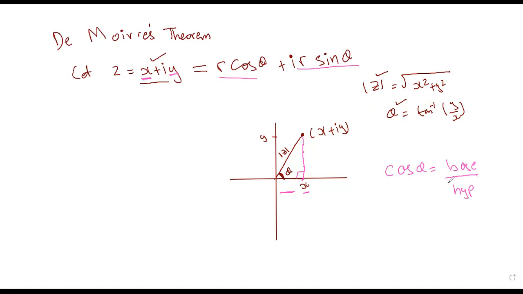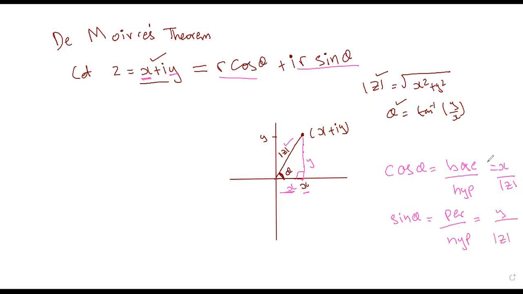And what is the base? Base is x, and hypotenuse side is z mod, right? This is the hypotenuse side, this is the base, and this is y. And this is the perpendicular side as well. And if I have to find this side, I will use sine theta, and the perpendicular side is basically y, and again the hypotenuse is z mod.